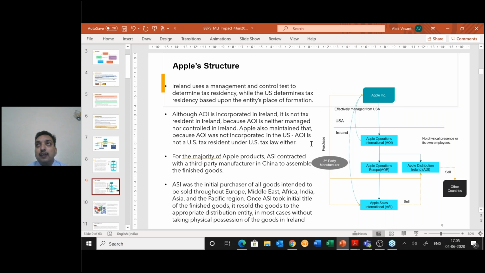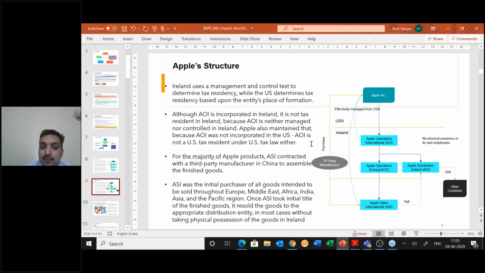Now, if you come to think of it, how would worldwide taxation happen? What can happen is only source-based taxation. Now, let's move ahead. So as I mentioned, for the majority of Apple products, ASI contracted with third-party manufacturers in China to assemble the finished goods.